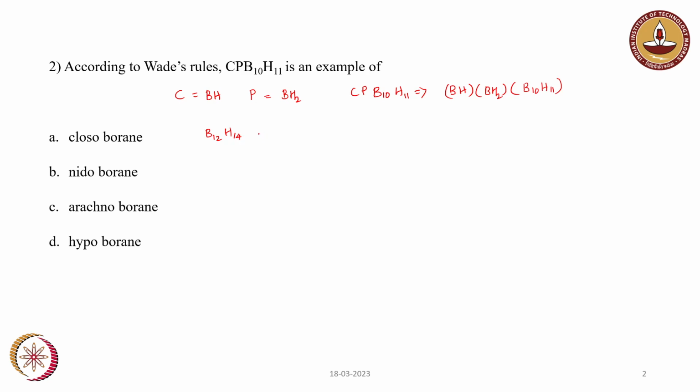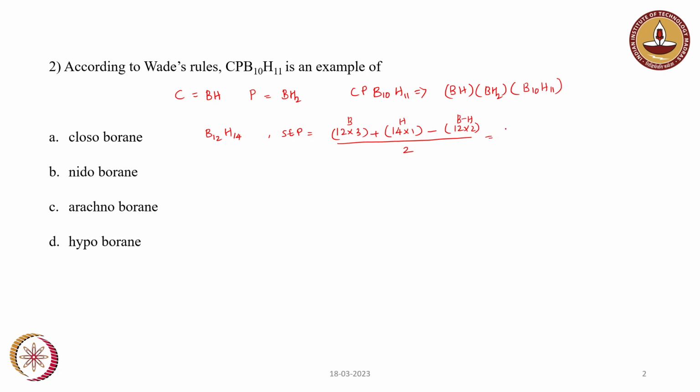So we can calculate the SEP. It will be 12 into 3 from each boron plus 14 into 1 from each hydrogen minus 12 into 2 from each BH unit, divided by 2.